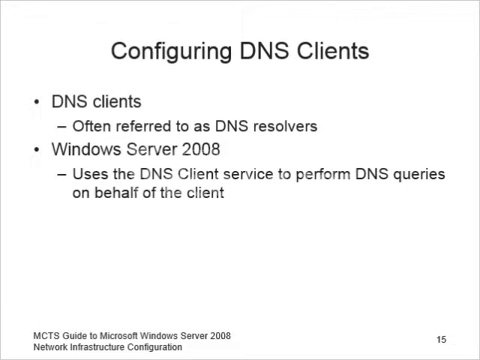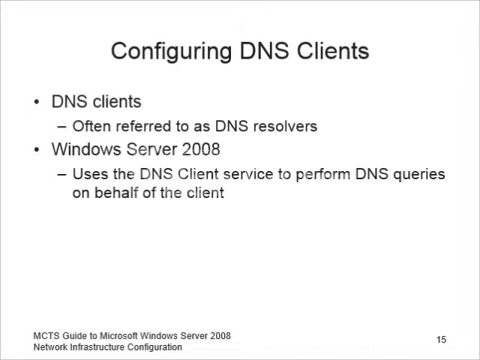When configuring a DNS client, you can use the following settings, which provide the DNS client with access to the DNS server and provide information used by the DNS client to properly perform DNS queries. You can do it with DNS servers, or you can do it by DNS suffix.